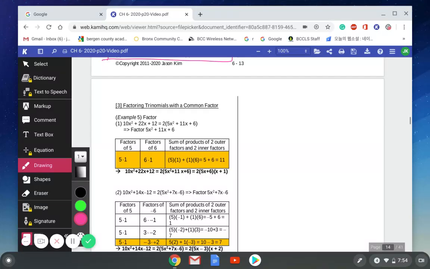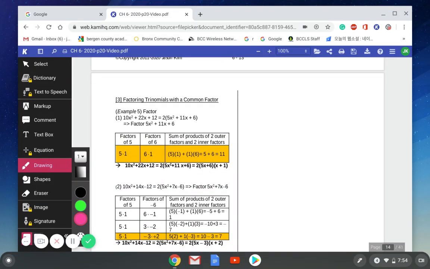Now, the next topic is whenever there is a GCF or a common factor for factoring a trinomial, you always take it out first. So when you have 10x squared plus 22x plus 12, you don't try the factoring as of now because they all have a multiple of 2.